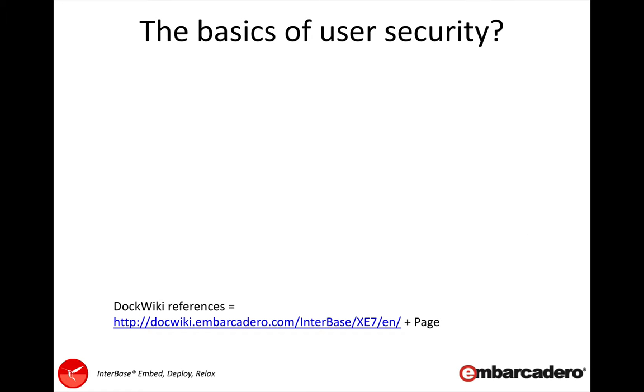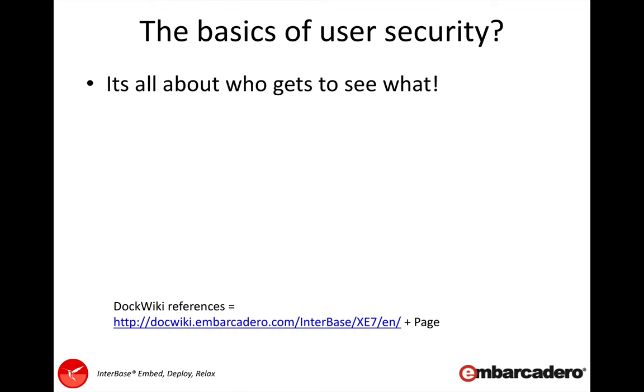So in short, the basics of user security is all about who gets to see what, who can access what data. And that comes back to the data controller defining who and what purpose data exists for and how it's going to be processed. And it's important that you understand who should be accessing data and who should have access to specific data, because by defining that in the data layer, you're able to start putting some control in place to prevent privilege abuse, where people have the privilege to access the database, but they can only access the right data within the database.